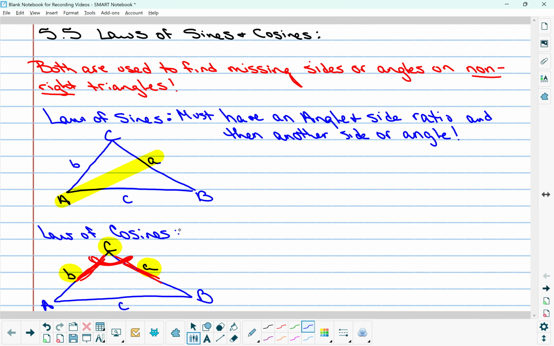Okay, so you must have, there's actually two different ways you could use law of cosines, but this is one. Must have two sides and their included angle.